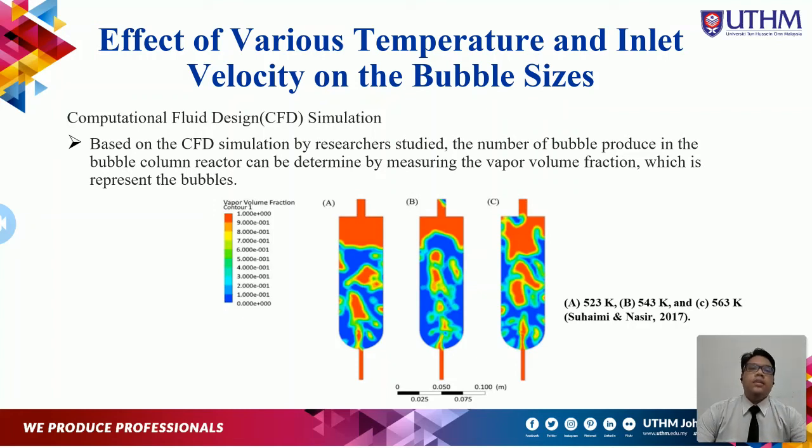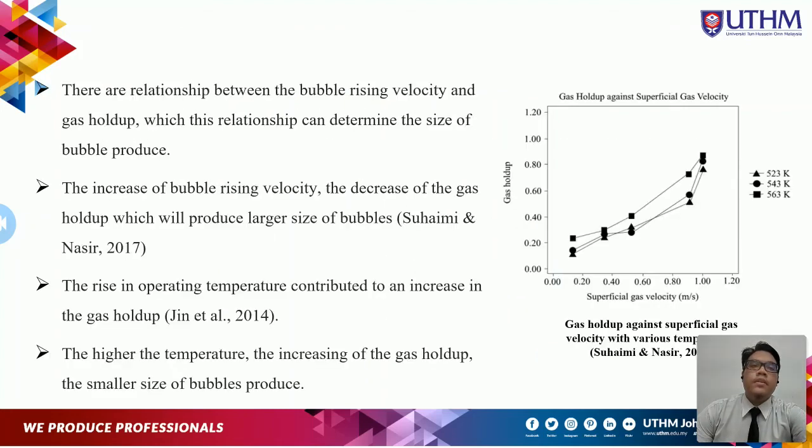So there is a relationship between the gas holdup and the bubble rising velocity, where with the increasing of the bubble rising velocity, the gas holdup decreases, which will produce the largest size of bubbles.